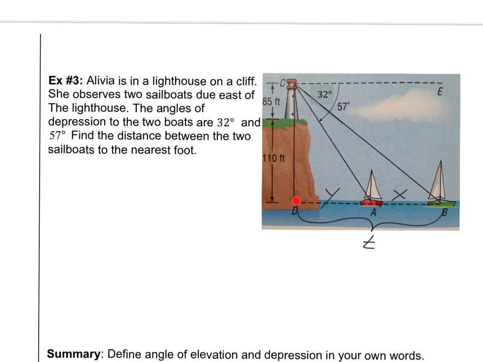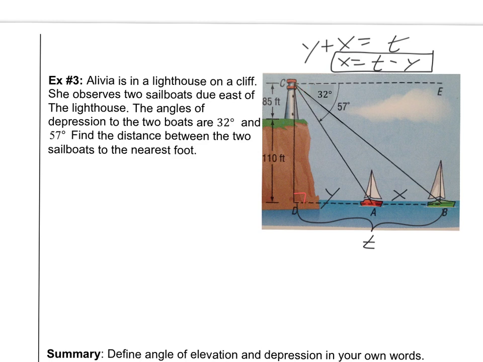But we do have a right triangle here with side y. Let's make it a right triangle. And we do have a right triangle here with side t. And so we're going to use trig to find those two distances and then just do the difference to find x. Because if y plus x equals t, then x must equal t minus y. So we're going to keep that in mind. We'll come back to that later. So let's find t first. Well, t is a part of this big triangle.